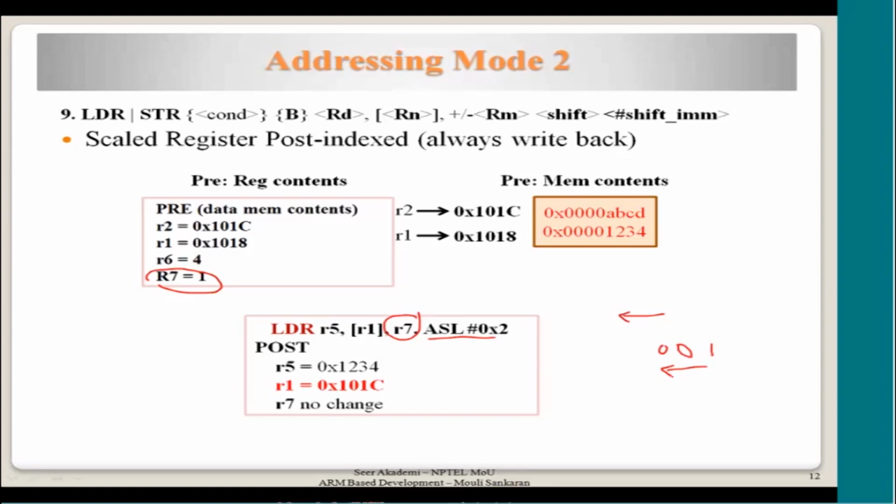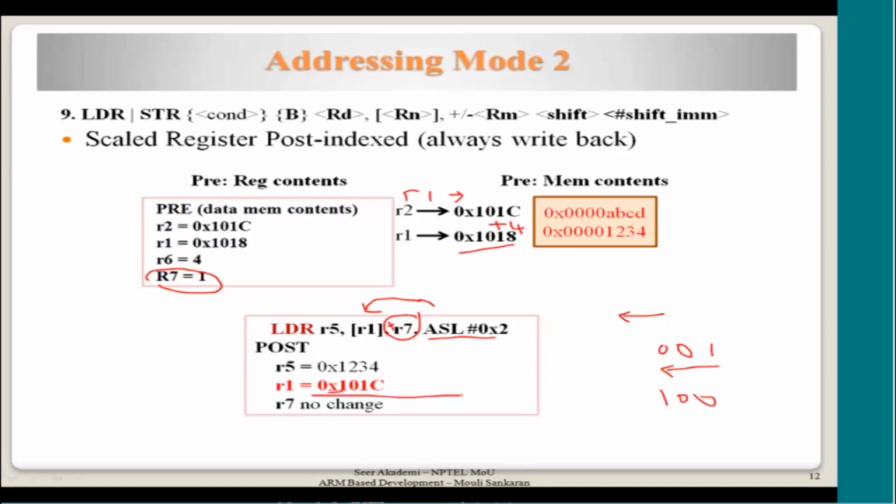And then am I doing plus or minus R7? I am doing plus. Okay, for a change I am doing a plus here because I have taken R1 here. So R1 is pointing here. I am doing a plus 4 here to R1. So R1 will start pointing at this location. That's what is happening here.